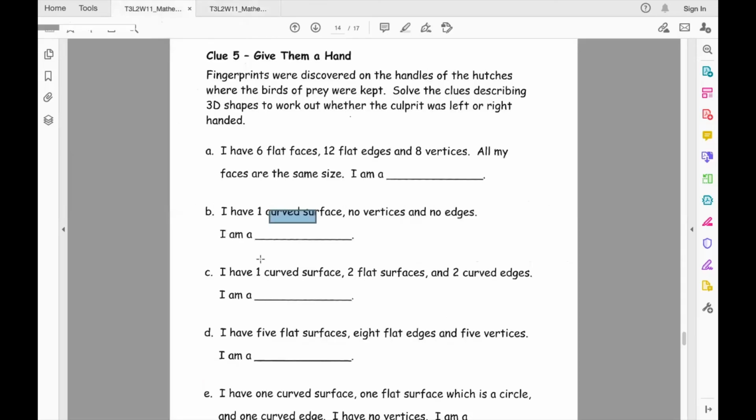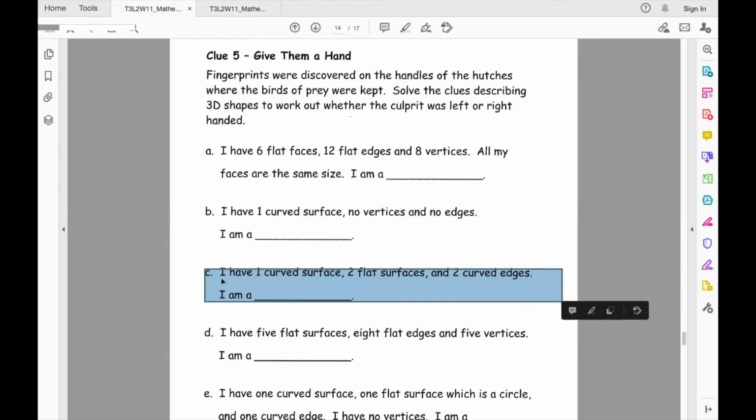Now let's try C. So let me read this first. C, I have one curved surface, 2 flat surfaces, and 2 curved edges. I am a what? Please pause the video and have a try.